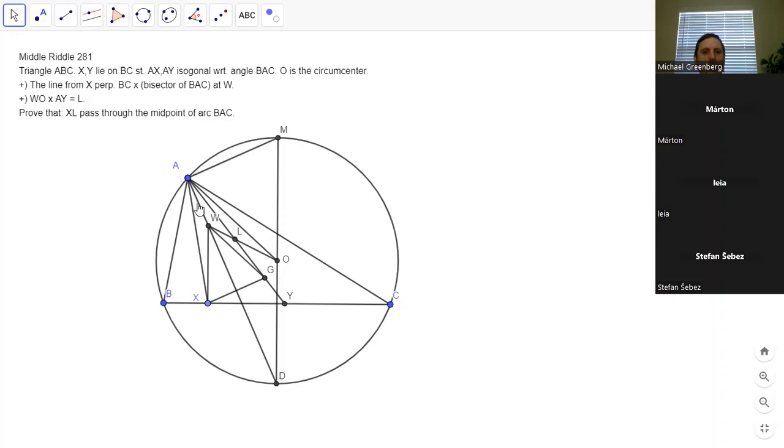But do we know AX equals AG? So basically you're saying XAW and GAW are congruent. We're trying to show that those are congruent, right? I know that these angles are equal, and I know that AW equals AW. But is there another angle I can show as equal?